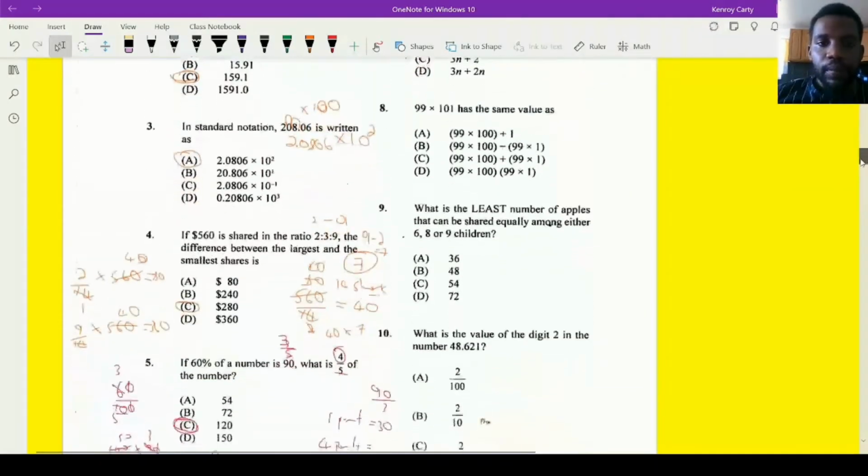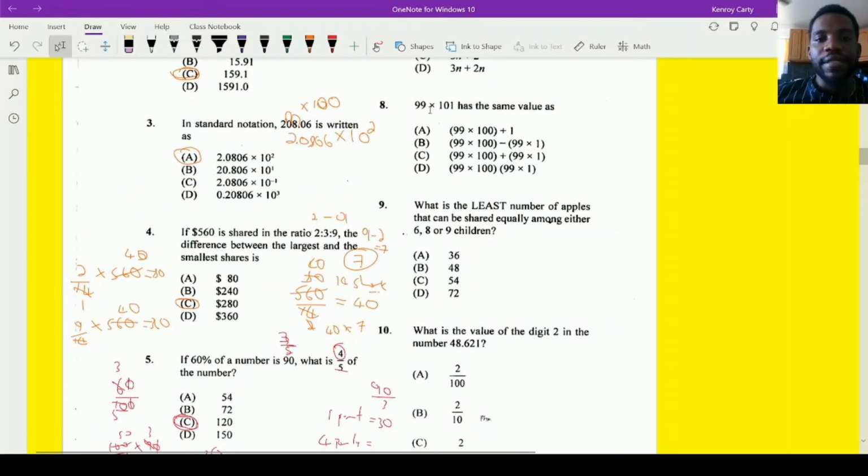Okay. Question 8. 99 times 101 has the same value as... Now, of course, in maths, sometimes this is an approach that allows us to use shortcuts. I can write this as 99, put this in a bracket, because 101 is the same thing as saying 100 plus 1.